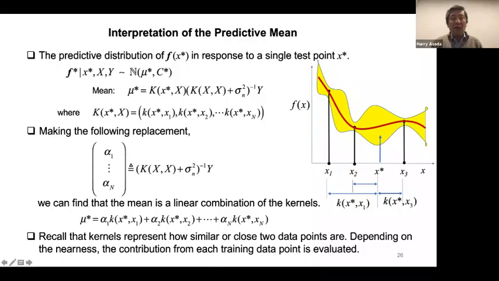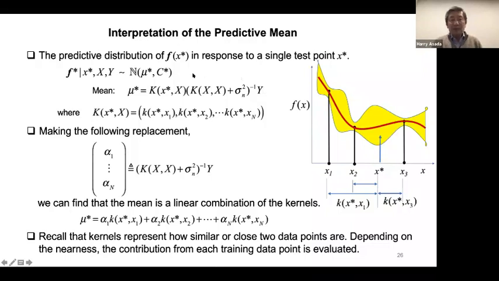Remember it's a Gram matrix, so we take all combinations of the elements involved in X and capital X. Let's think about a single X star: a single X star versus X1, a single X star versus sample point X2, and so on, up to a total of n sample points. You can create this long row vector, and multiplied by this, you get this expression.